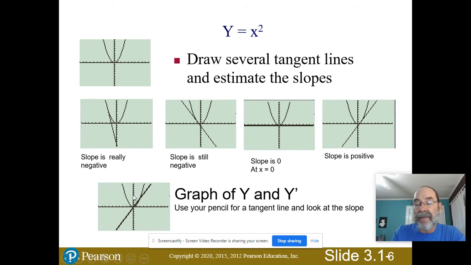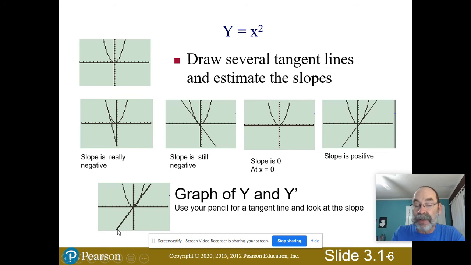We're only graphing the slopes, remember. I hope that makes sense. You've got to think about it a little bit. Just remember you're riding a skateboard down this. The skateboard is really pointing downhill. That's a really big negative number. But as we get closer and closer, it's getting closer to a horizontal line, which means our slope is 0.